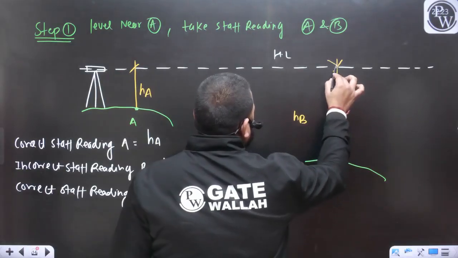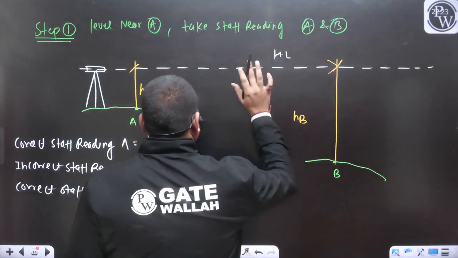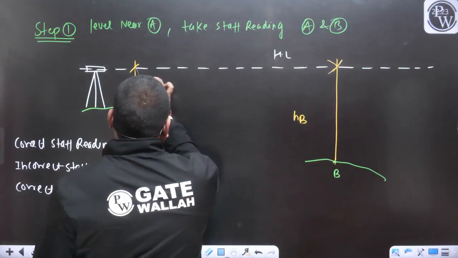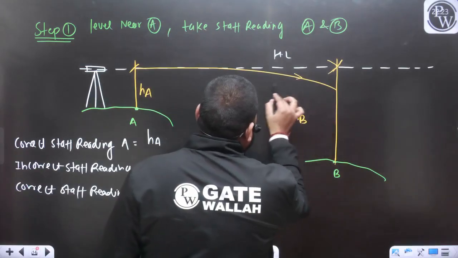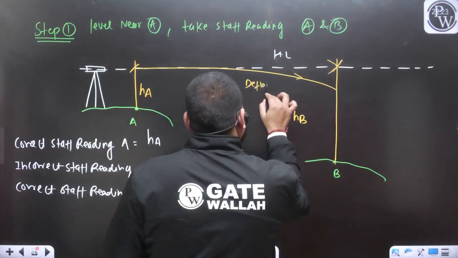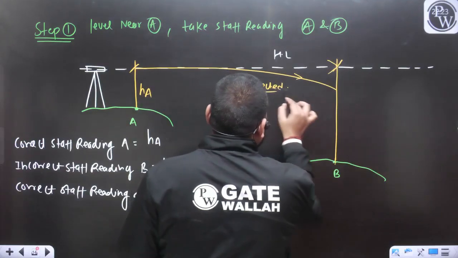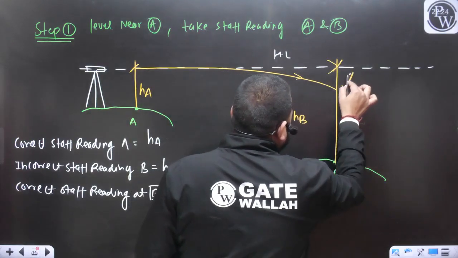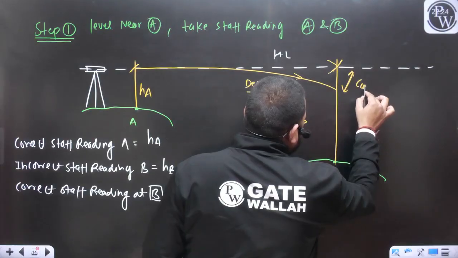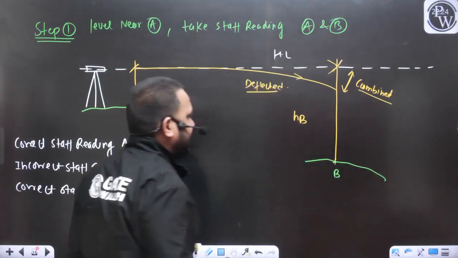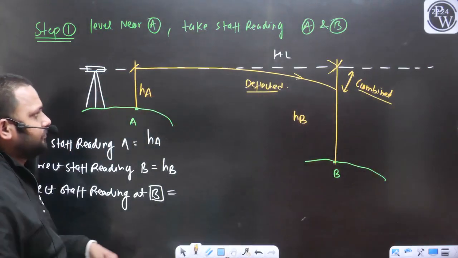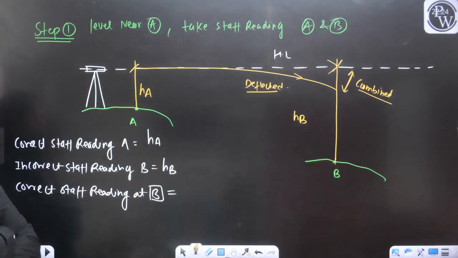We want to take the reading corresponding to the horizontal line, but in actuality we are taking the reading corresponding to the deflected line. This was the total correction required, and that was the combined correction. Yes or no? Tell me.